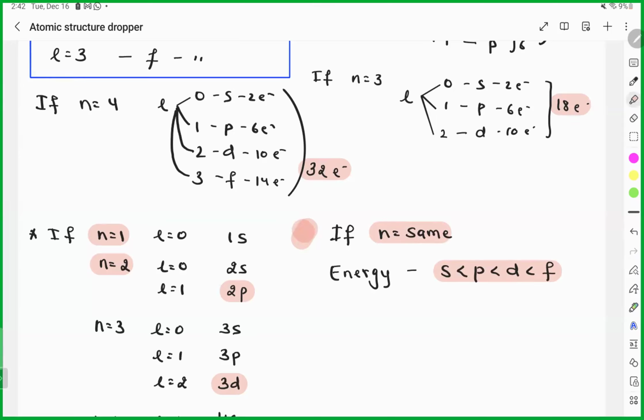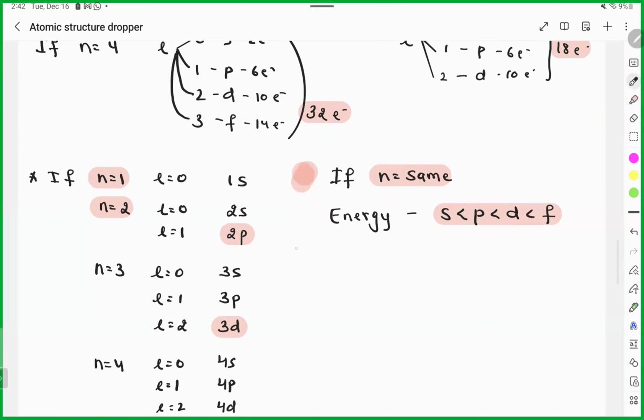Correct? And if L value is same, then you want to see what is the energy, because in the Aufbau principle we'll see how to fill orbitals, right?